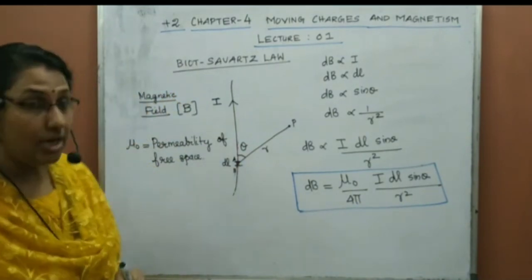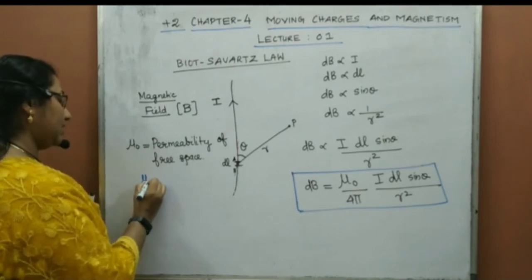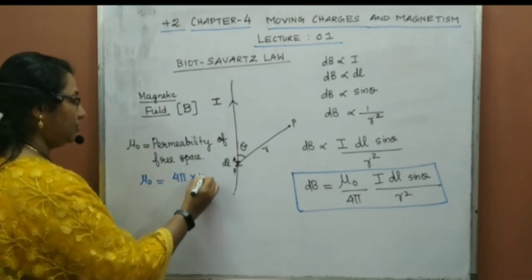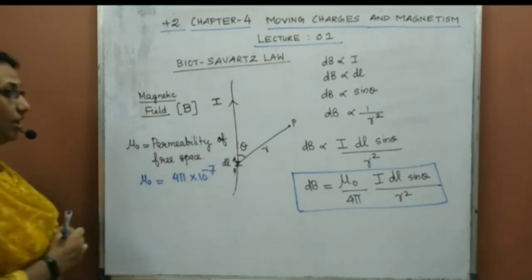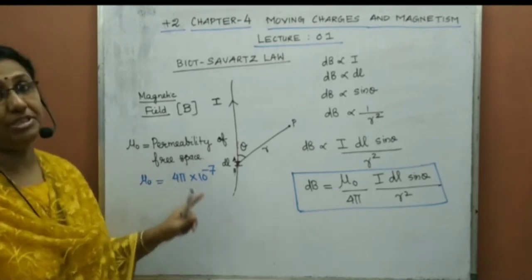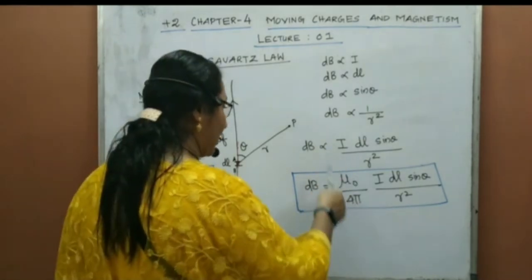Clear? Where mu 0 is the permeability of free space and its value is equal to 4 pi into 10 raised to minus 7. What is the value of mu 0? Mu 0 has a value of 4 pi into 10 raised to minus 7. Therefore, what is the value of mu 0 by 4 pi?